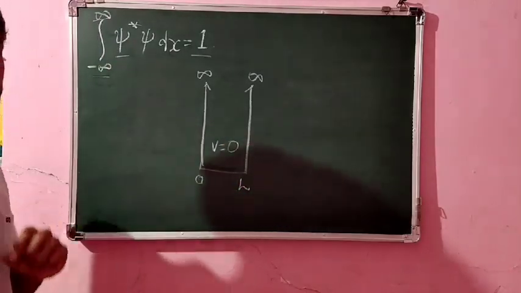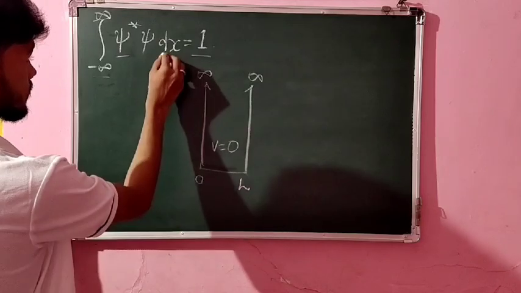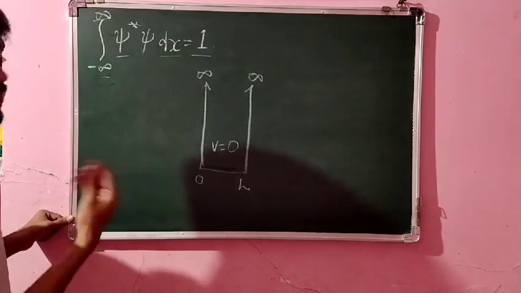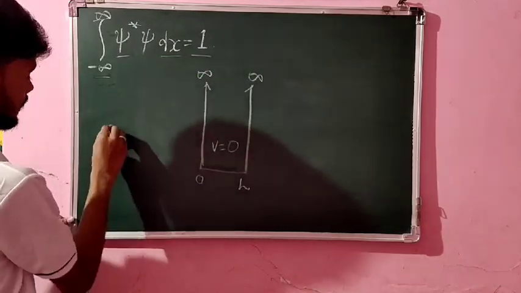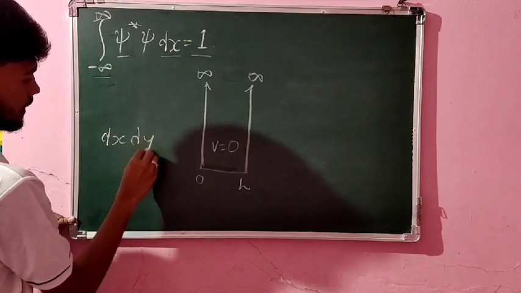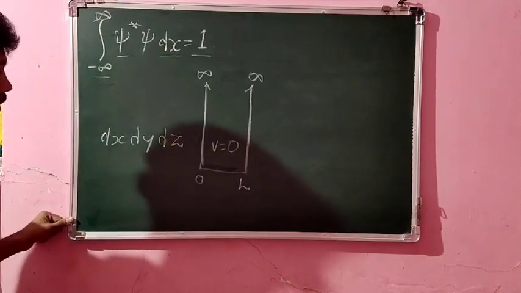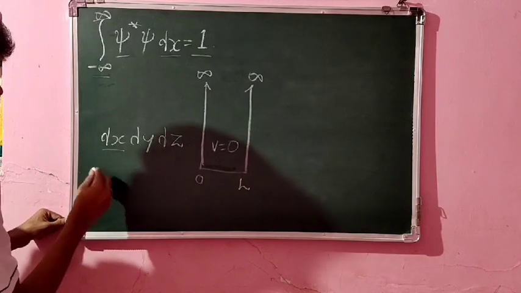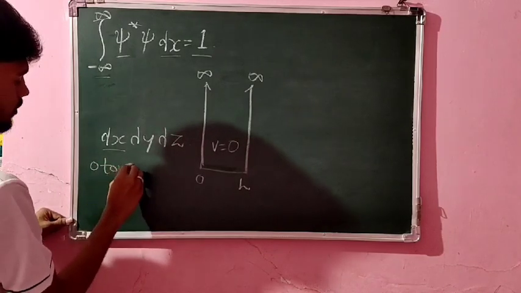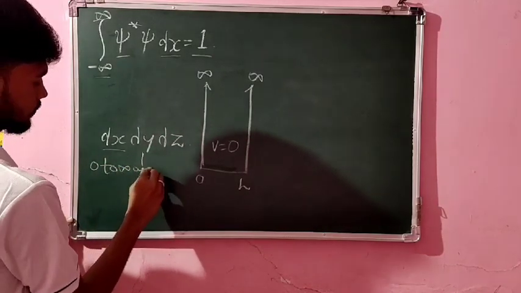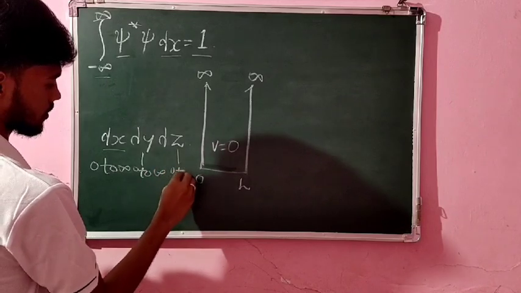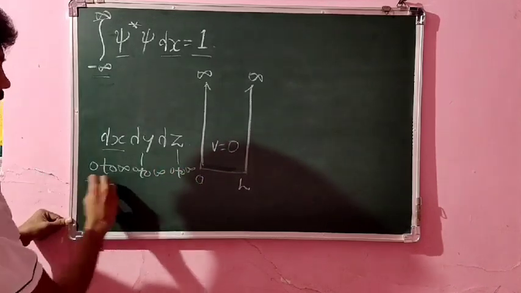Another important thing: this is one dimension, dx. If it's 3 dimensions, then it will be dx dy dz, where x ranges from 0 to infinity, y the same, and z also 0 to infinity. This is for Cartesian coordinates.